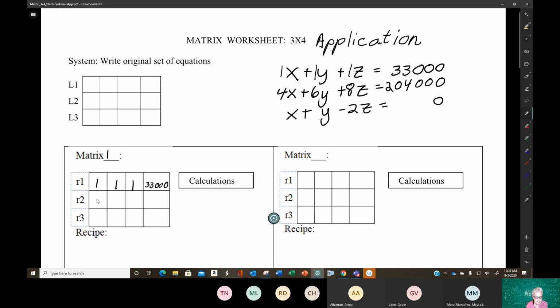And 4, 6, 8, 204,000. And then 1, 1, negative 2, 0.